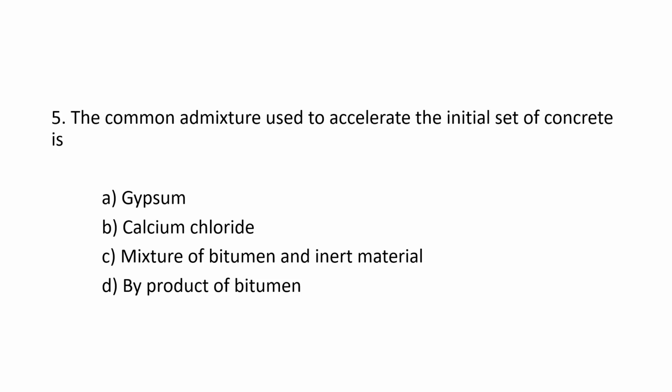Accelerators will speed up the reactions, and retarders will reduce the reaction speed. Here they asked for the admixture which will accelerate the initial set of concrete. So our answer is option B, calcium chloride will act as an accelerator. Gypsum is a retarder. So our answer is calcium chloride.